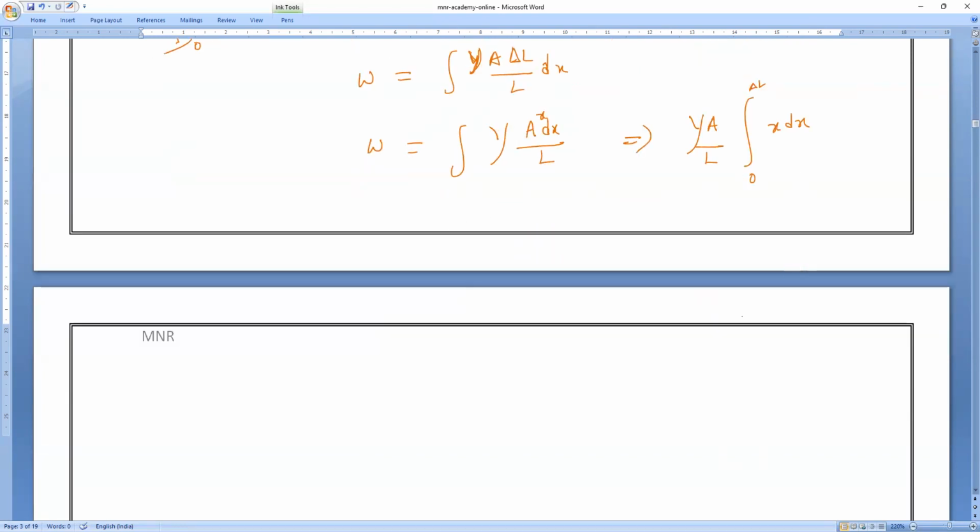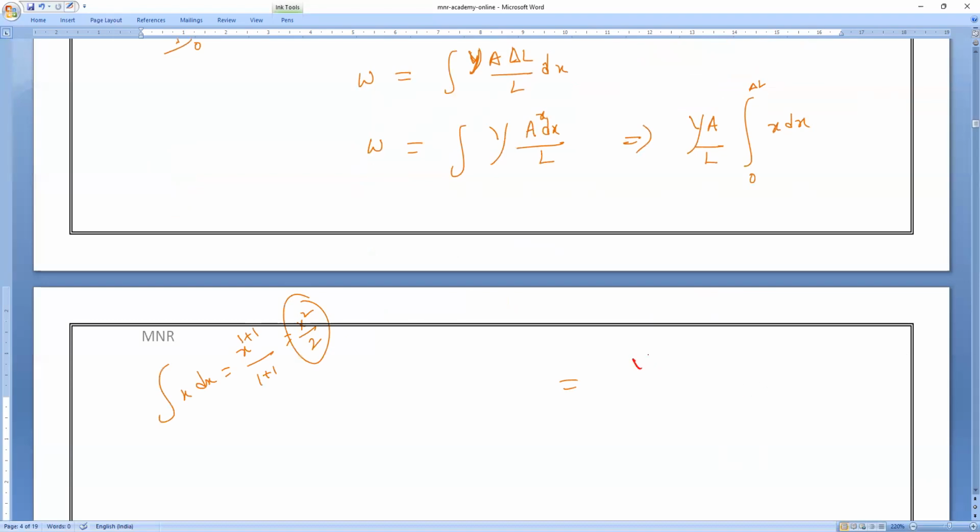Now if you notice here, apply the integration of x dx. What is the formula? Integration of x dx is x power 1 plus 1 divided by 1 plus 1, which equals x square by 2.